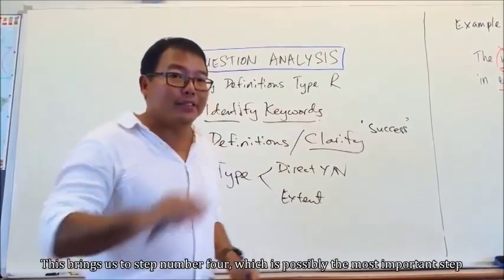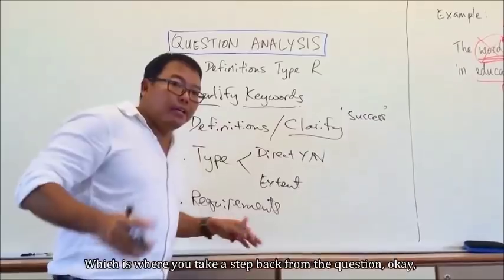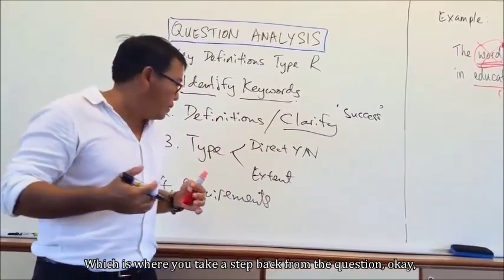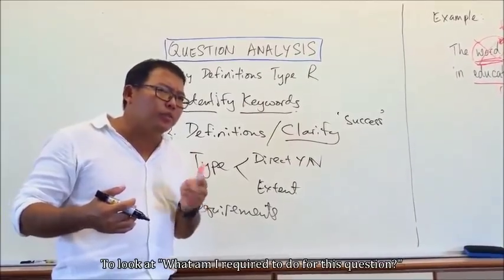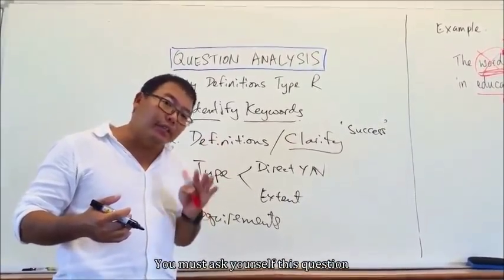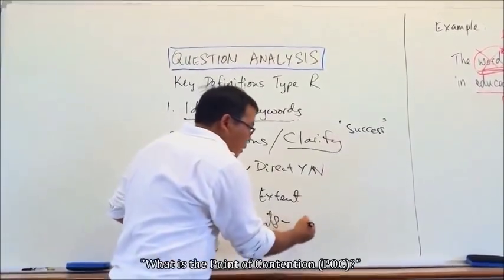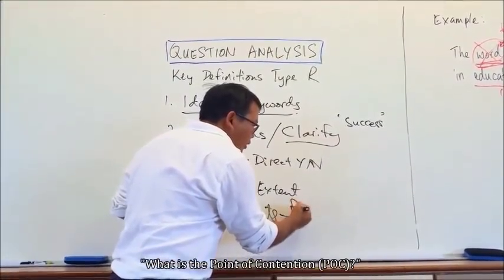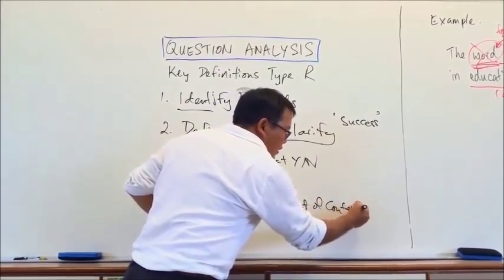This brings us to step number 4, which is possibly the most important step, where you take a step back from the question to look at what am I required to do for this question. You must ask yourself this question: what must I do for this question? What is the point of contention?